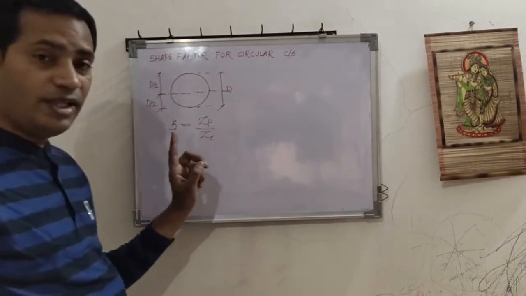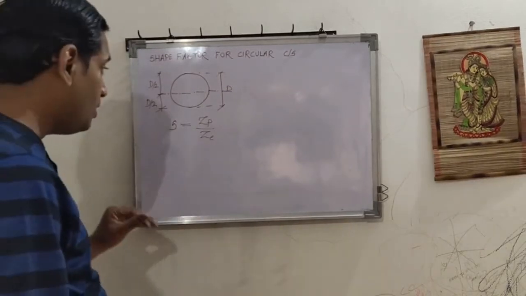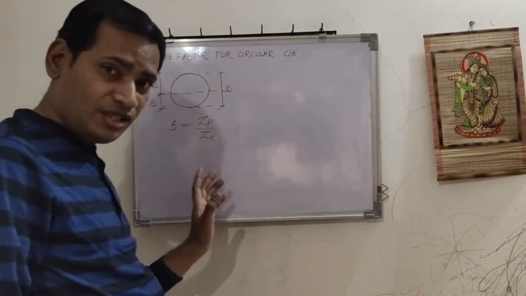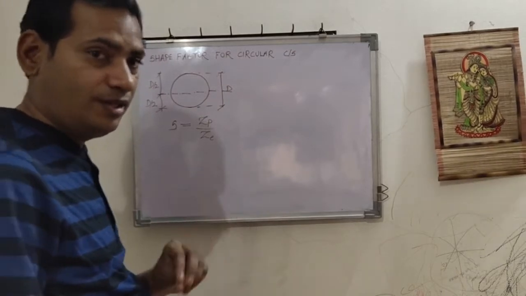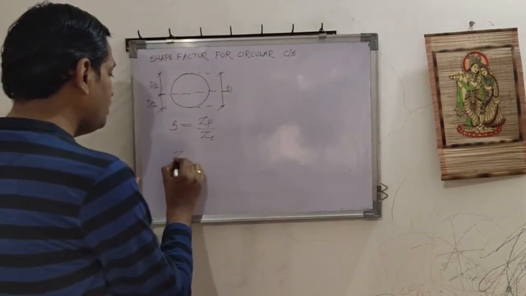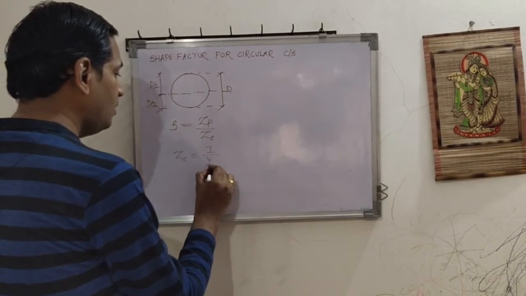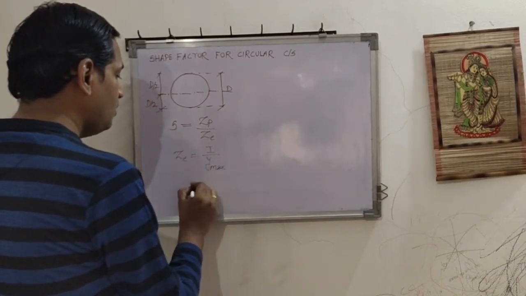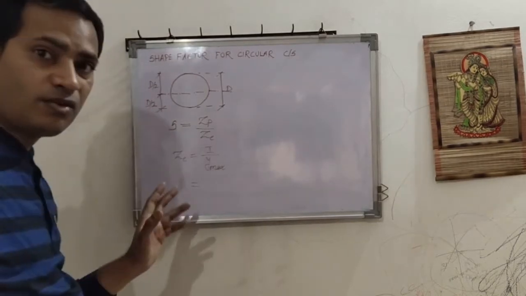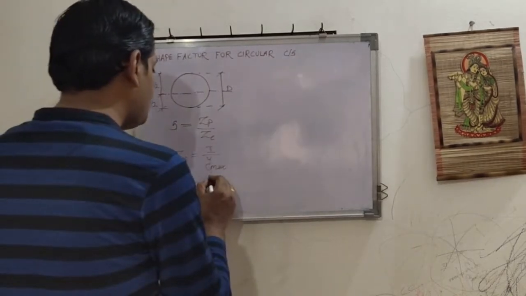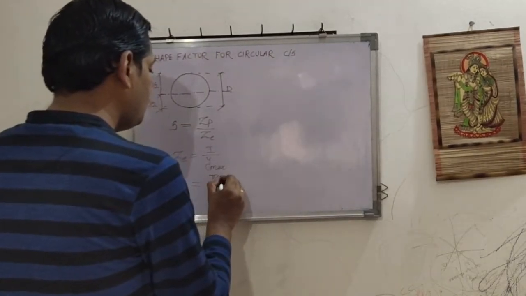Now finding the elastic section modulus is simple because we have already seen this in strength of materials. So ZE is nothing but I upon Y max. What is I? Moment of inertia for a circular cross section. It is pi by 64 d raised to 4.